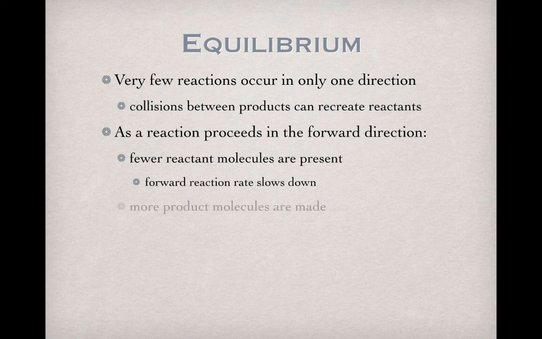But as that forward reaction rate slows down because of fewer reactant molecules, we're making product molecules, and so we're increasing the number of product molecules, and as a result, the reverse reaction rate begins to increase. So we have the forward rate decreasing and the reverse reaction rate increasing.